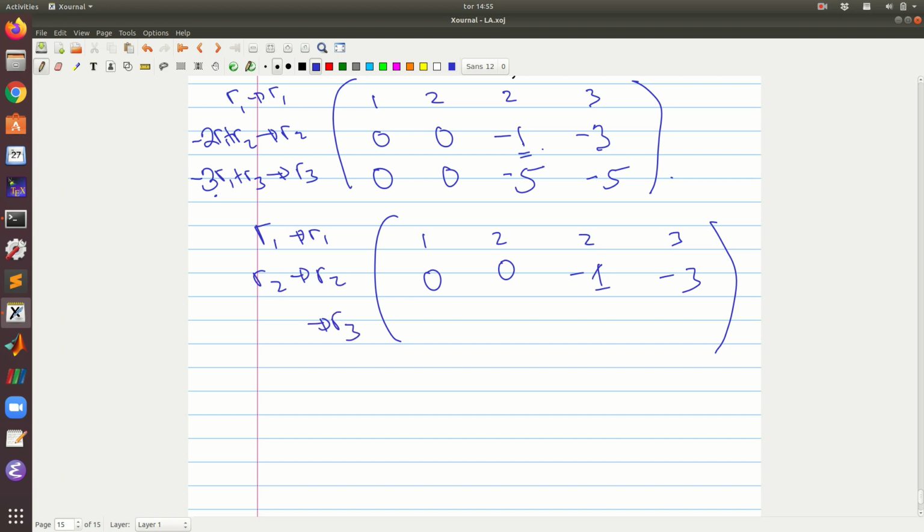In row 3, to eliminate this to a 0, we simply multiply by negative 5. So we have negative 5 times row 2 plus row 3, and we put the result in row 3. No prizes for guessing.